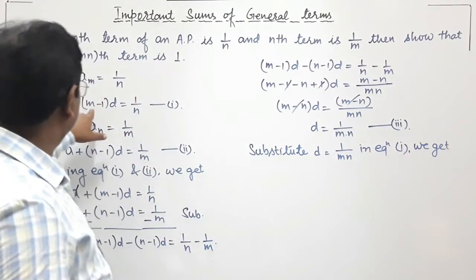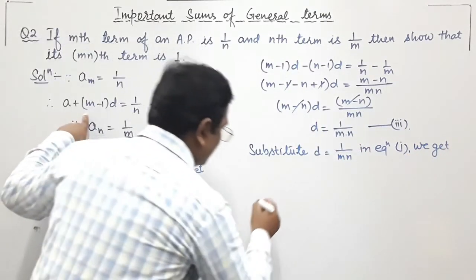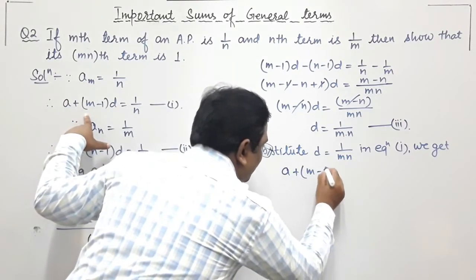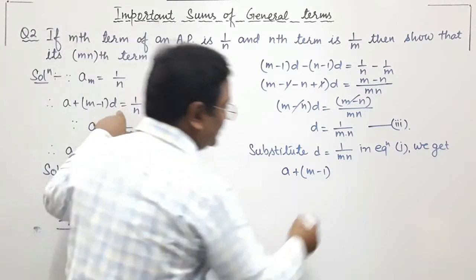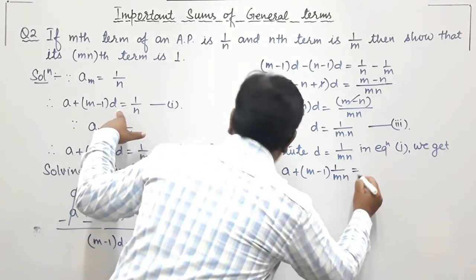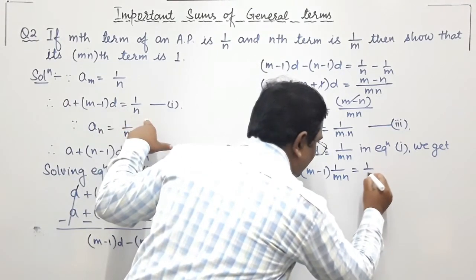The first equation is a plus m minus 1 into d, and the value of d is 1 upon mn, equal to 1 upon n.